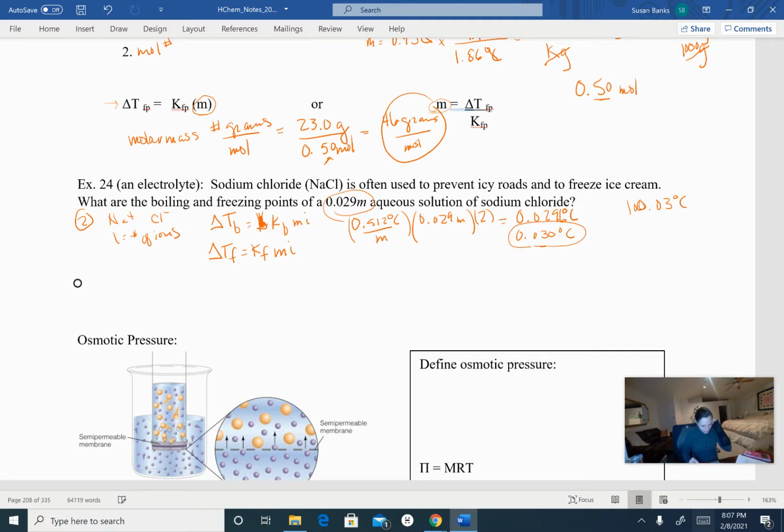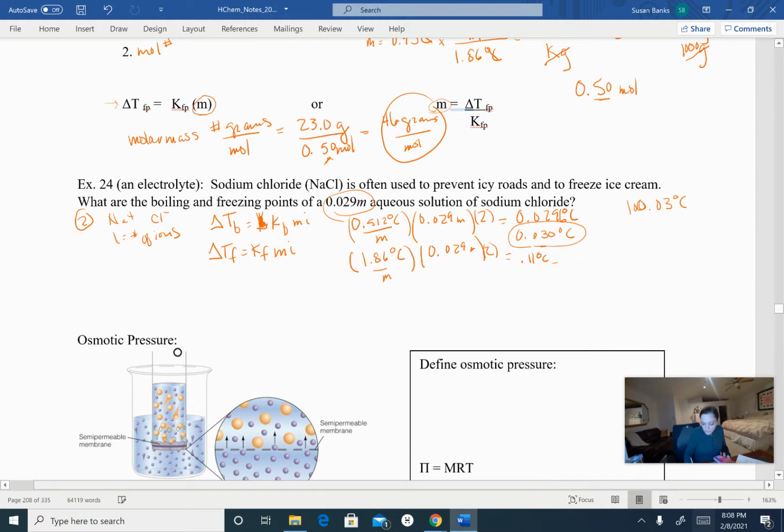Let's see how much it changes our freezing point. Now, if you remember, our freezing point constant was 1.86 degrees Celsius per molal. We have 0.029 molal, and we have 2 ions. So when we do that, with sig figs, that gives us 0.11 degrees Celsius.